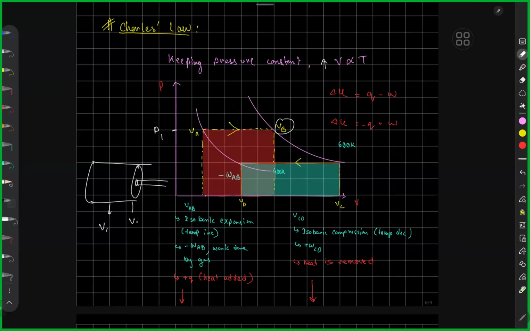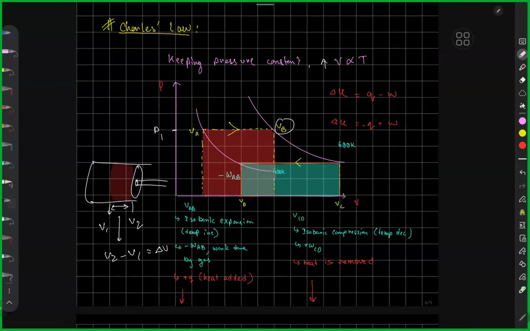So over here, do you see the del V? Del V is V2 minus V1. So what was the change in volume? The change in volume was this much. Notice this is the change in volume inside the system.